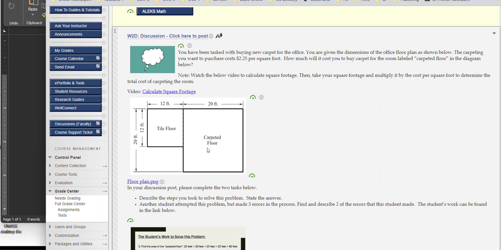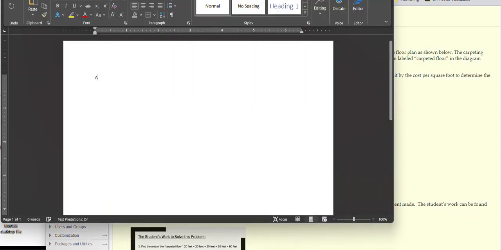Now, to get the area of a square, it's the length times the width. So area, which we'll use square feet, is going to be equal to length times the width.